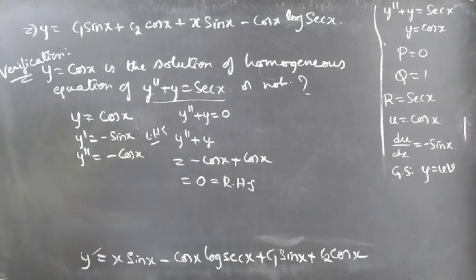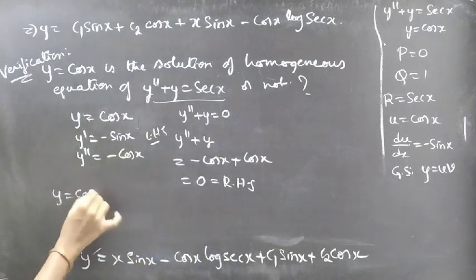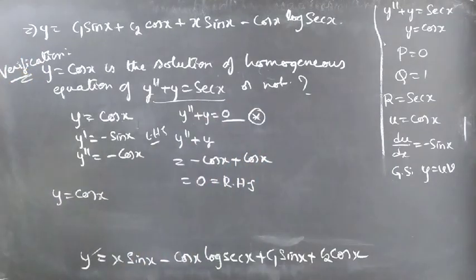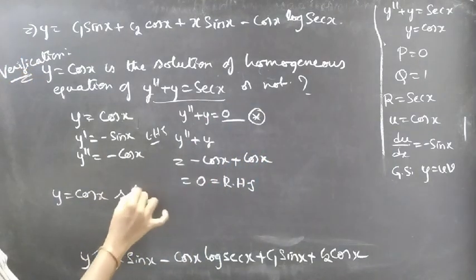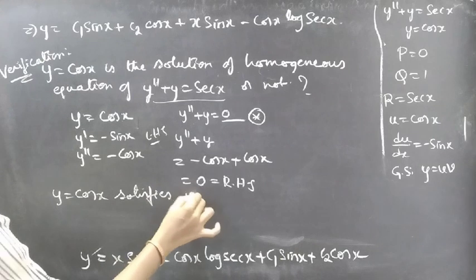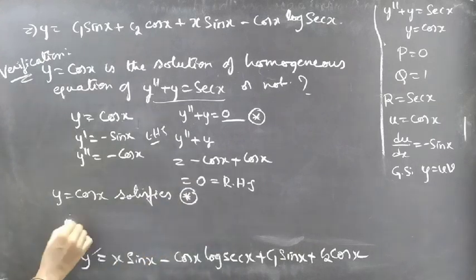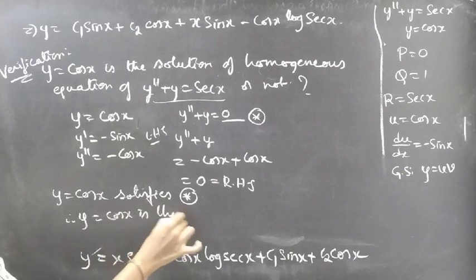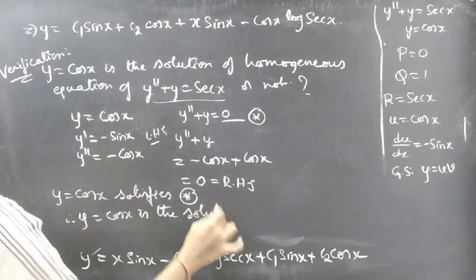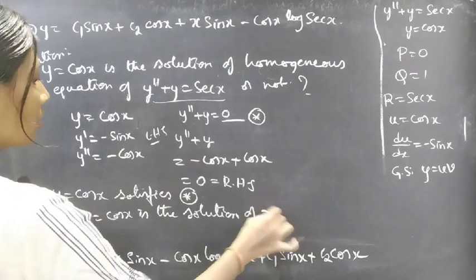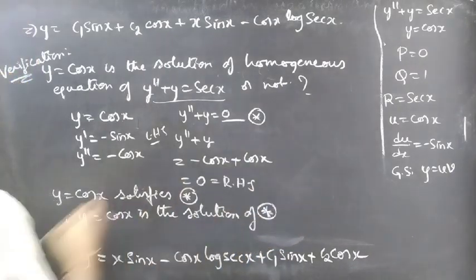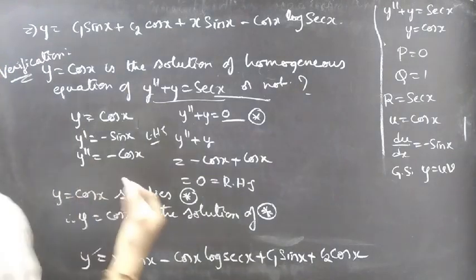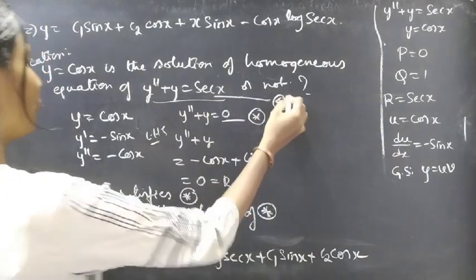0. So we can say that y equal to cos x, consider this equation as asterisk, y equal to cos x satisfies asterisk. So therefore y equal to cos x is the solution of asterisk, or consider this equation as equation 1.